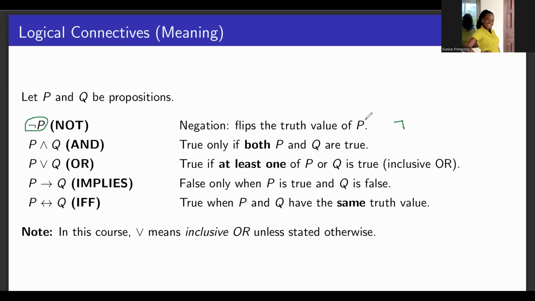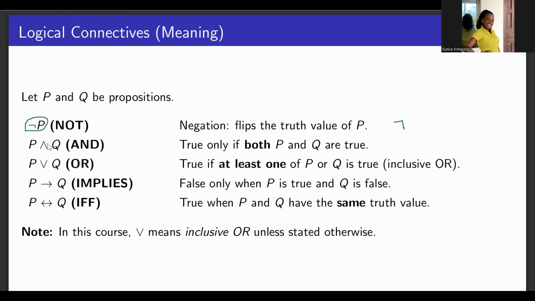So if P is true, then the negation of P is false. If P is originally false, then the negation of P is true. So it simply flips the truth value from false to true or from true to false.